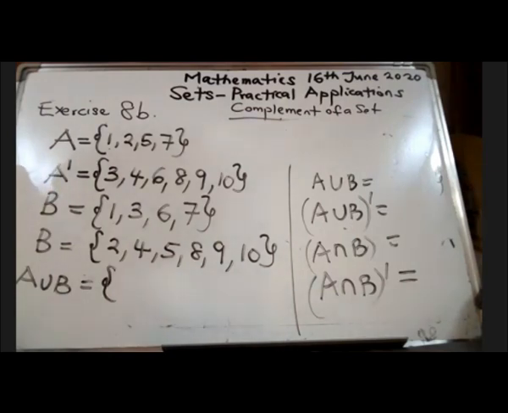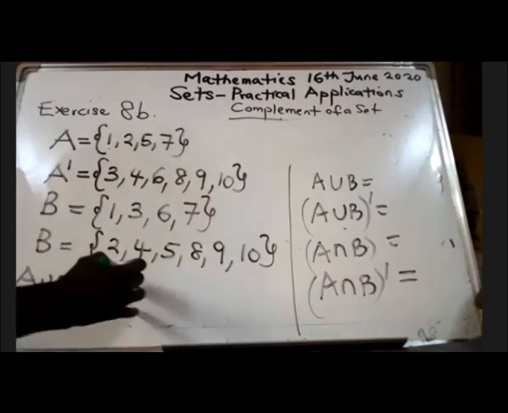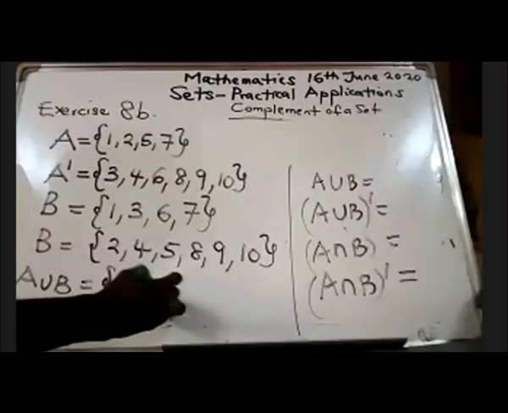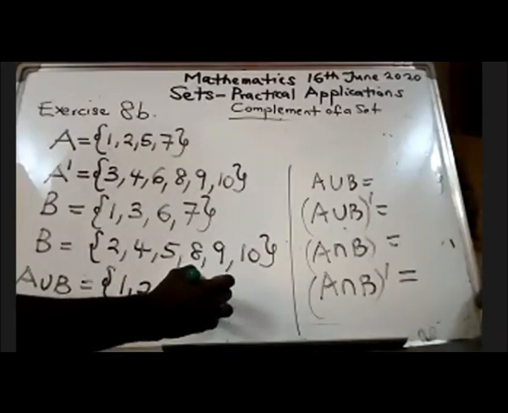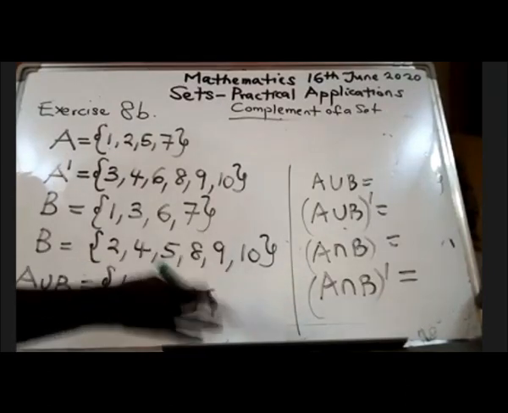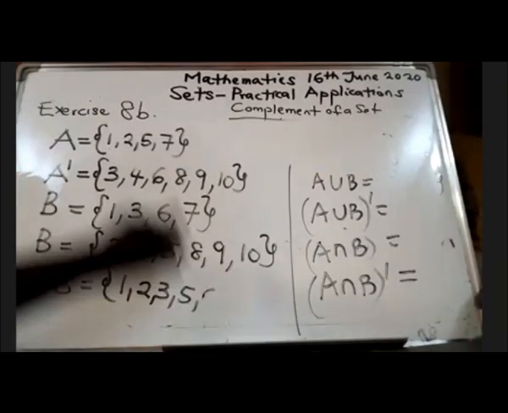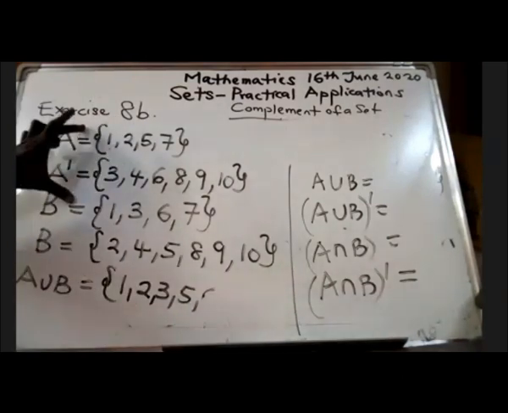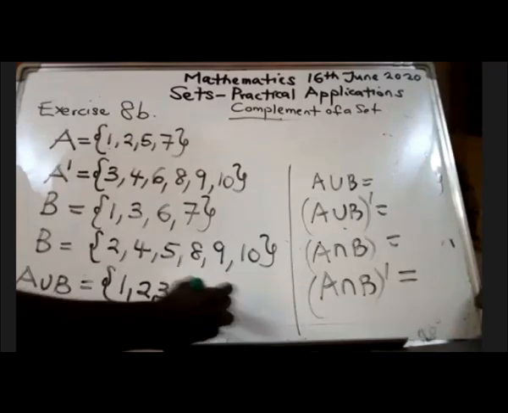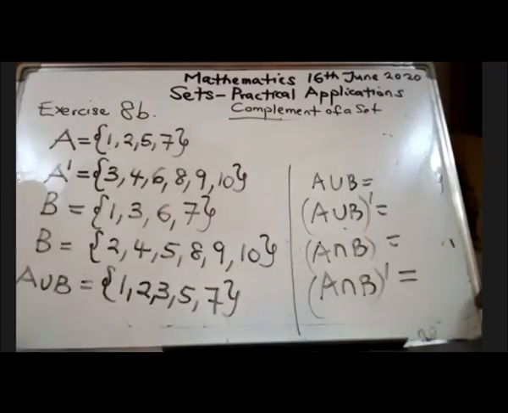A union B will be equal to all the elements that are in A and B. So I can see 1, 2, 3, 5, 6, 7. So that's A union B.